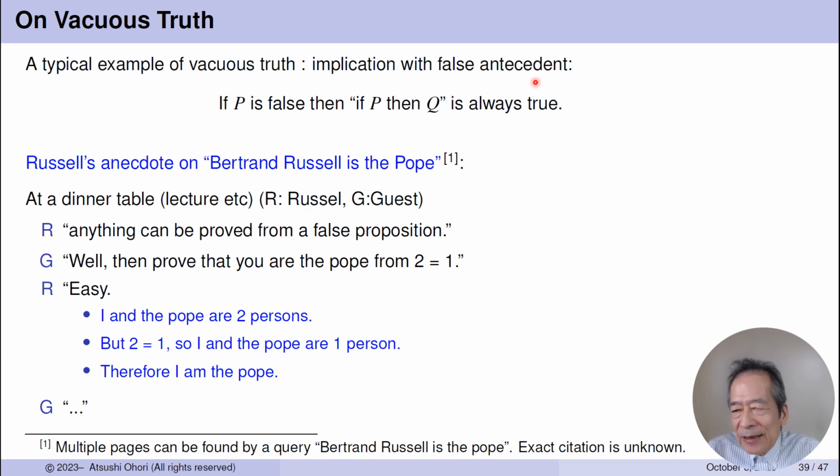Antecedent is the assumption part of the implication sentence, right? If P is false, then P implies q, this proposition is always true. Always here means true for any q. So this proposition is trivially or vacuously true when P is false.